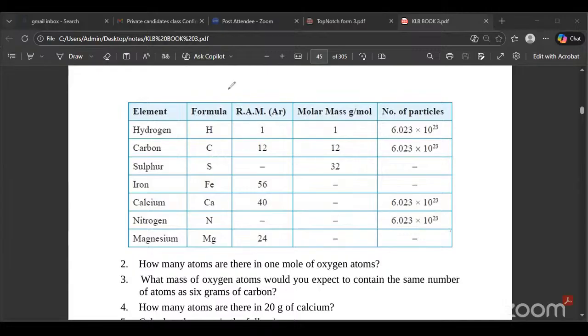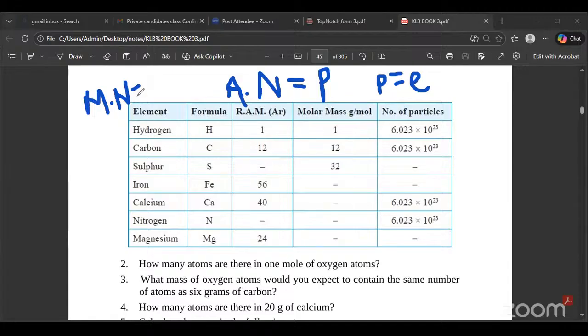So atomic number, let me just write it here. Let me use AN. Atomic number is equivalent to protons. Now protons in something is equal to electrons. Now I am writing mass number. Mass number is equal to protons plus neutrons. So anytime you see atomic number, it should be the smaller value.